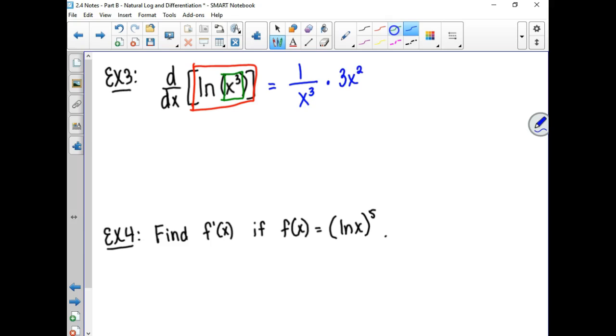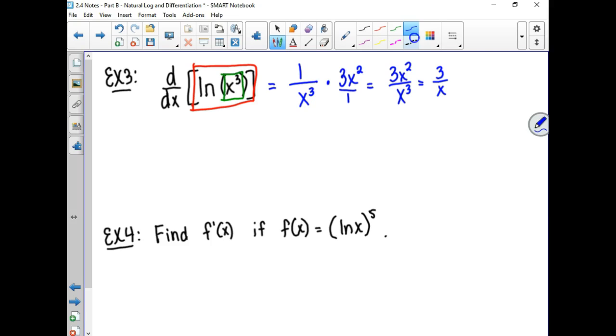So that's like 3x squared over 1. So we'll get 3x squared over x to the third. But what can happen with those x's? They can cancel, so I just end up with 3 over x. Okay? Alright, questions there?